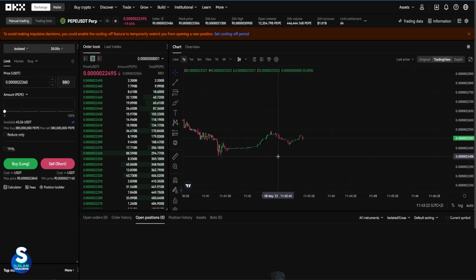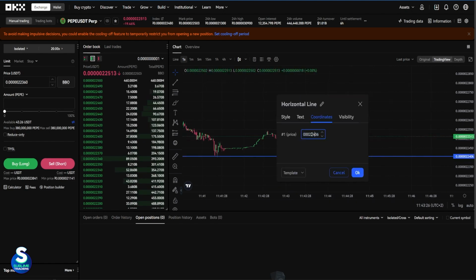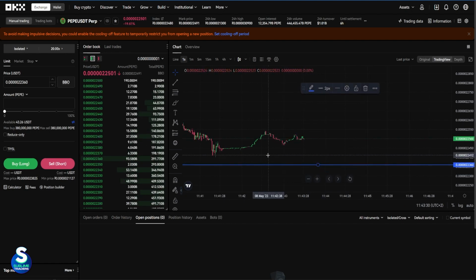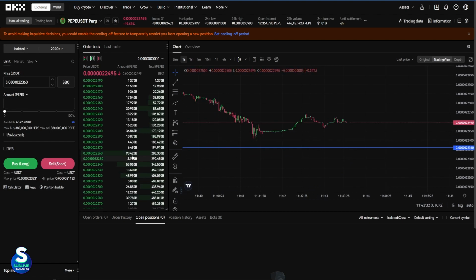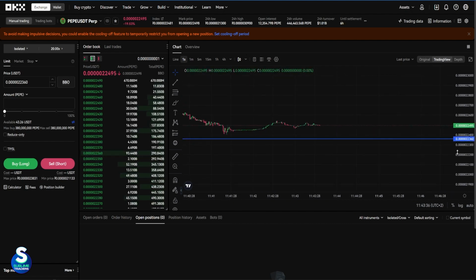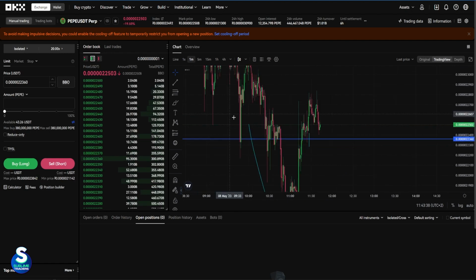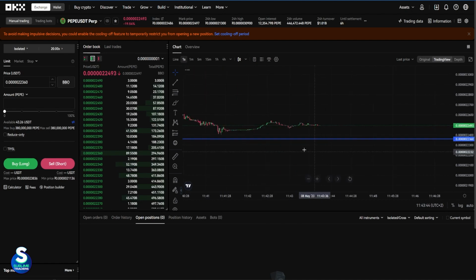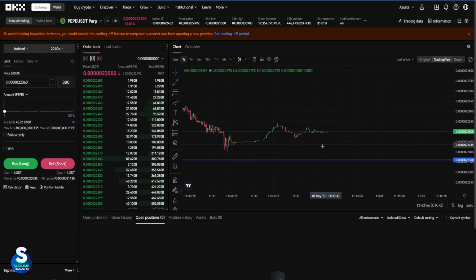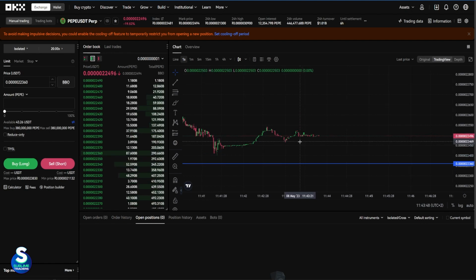Then I plot a line, Alt H, horizontal line, 22,360. So I know that I have a big block right here, 93 billion. It is insane. It might correlate to something on the 1 minute chart, not really. Just going back to the 1 second chart and waiting for the price to close in on this.